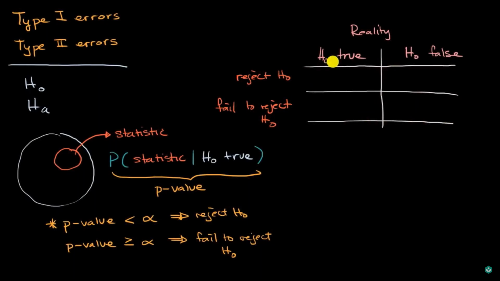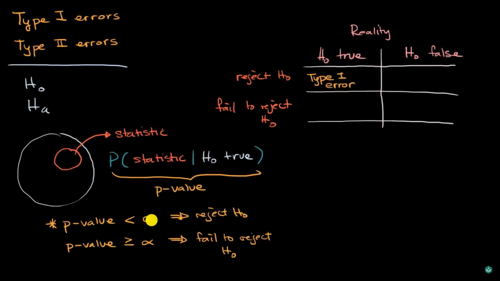So in a scenario where the null hypothesis is true, but we reject it, that feels like an error. We shouldn't reject something that is true, and that indeed is a type 1 error. You shouldn't reject the null hypothesis if it was true. And you can even figure out what is the probability of getting a type 1 error?